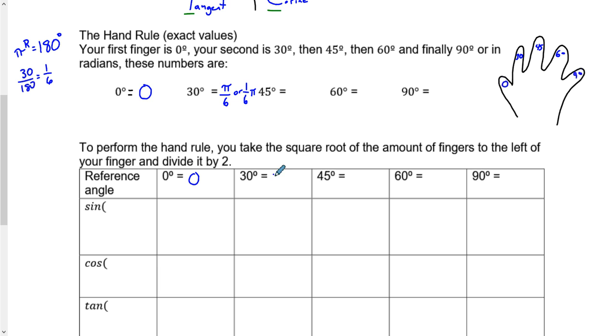It's just usually a lot nicer to write pi over 6. If we do the same for 45, 45 out of 180 is a quarter. So 45 degrees is a quarter of pi. 60 degrees, in the same fashion, is 1/3 of a pi. And 90 degrees, which is exactly half, would obviously be 1/2 pi.